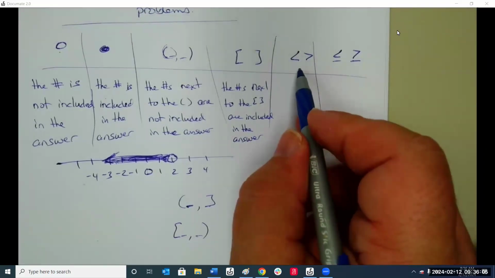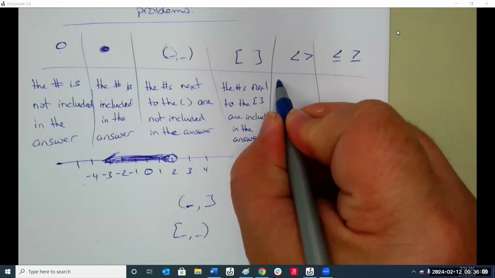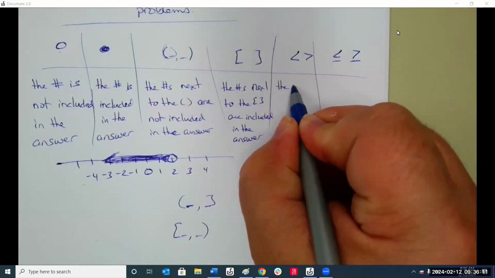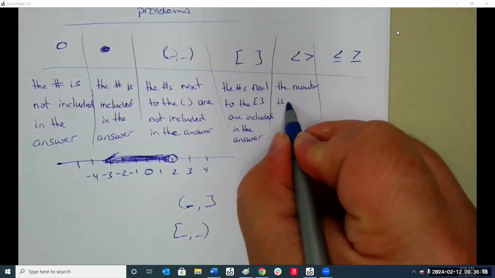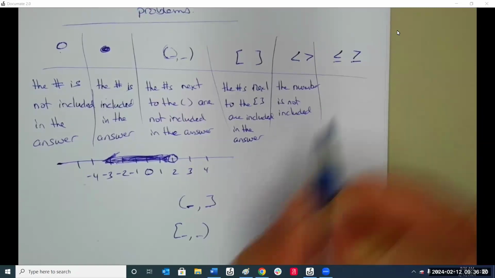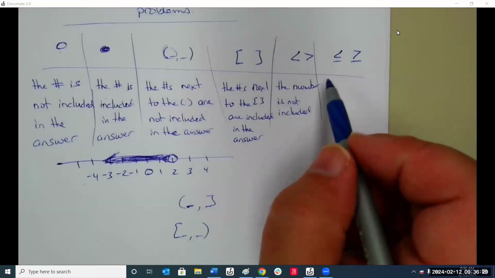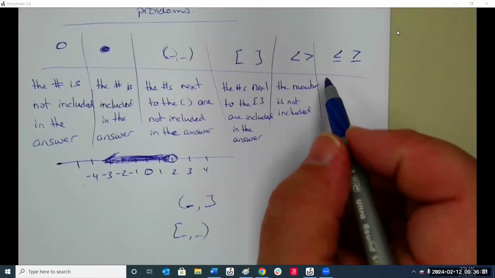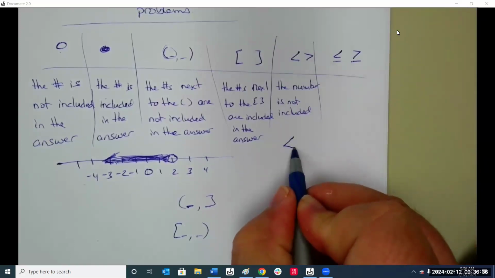These inequality symbols: the number that's referenced by the inequality symbol is not included. What is this symbol read as?